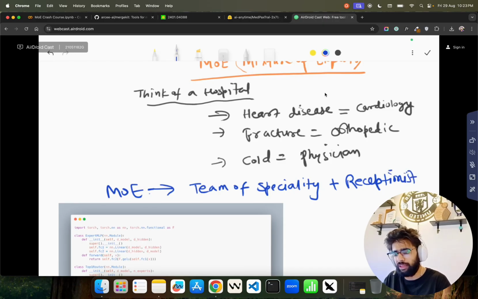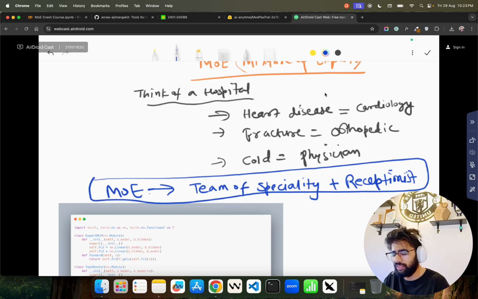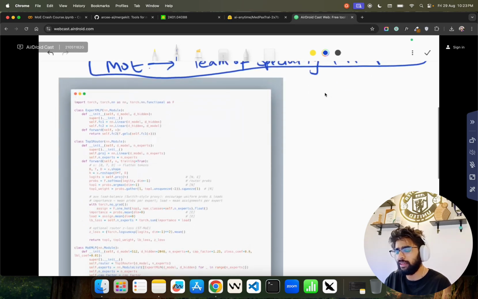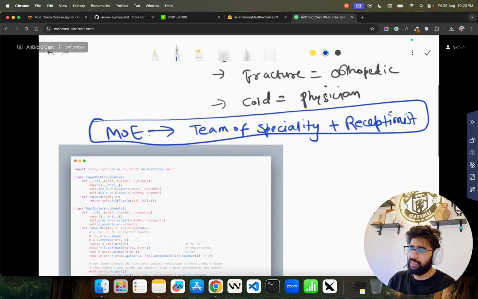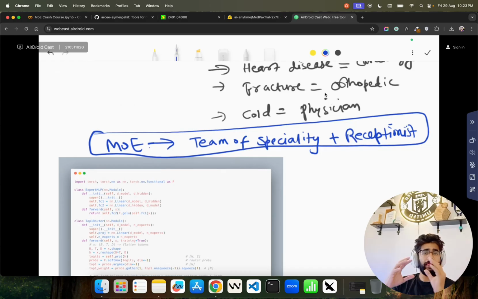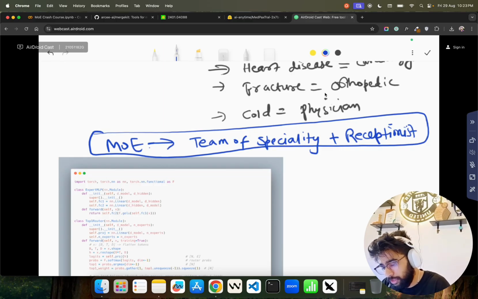This can also be junior doctors, basically, in bigger hospitals. So that was in layman's terms, but in the AI world, it is basically multiple expert neural networks. That's what it is, a transformer. Okay, so here I'm writing that. Let me just write it here.